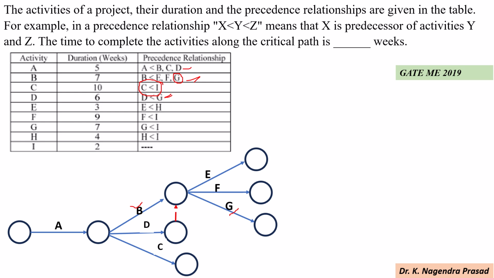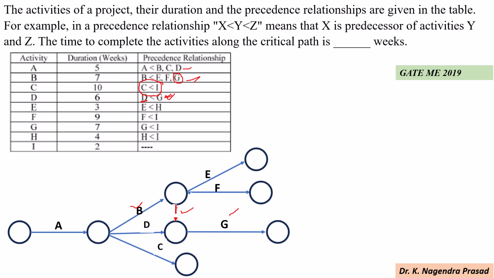It represents that activity G will start after completion of activities B and D. But we should change the position of activity G. Here it is given that activity G immediately starts after completion of D. So change the position of activity G like this. Moreover, I have to change the dummy activity position. So it represents that activity G will start after completion of B and D.